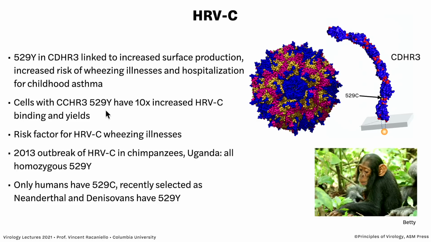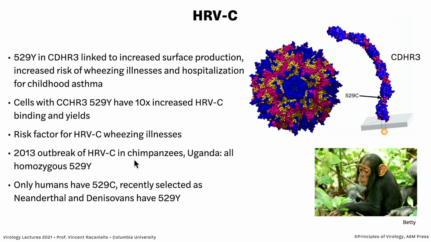And cells which have this change have tenfold more receptor on the surface. They have more binding of virus and more yields. So in other words, humans can have either C or Y at this position. And if you have Y, you're predisposed to more severe infections.